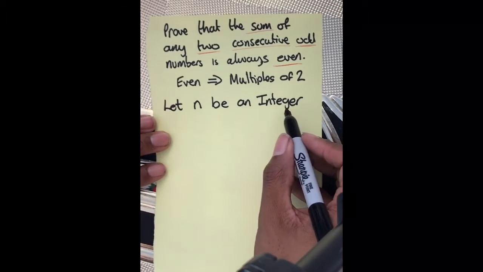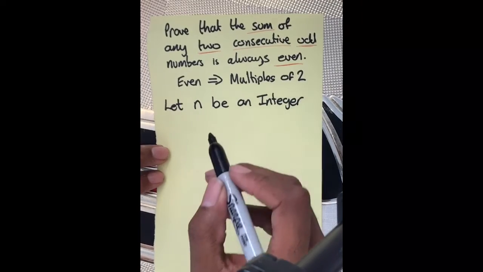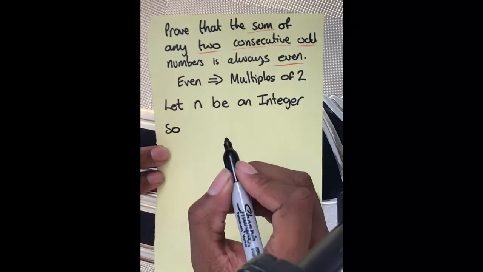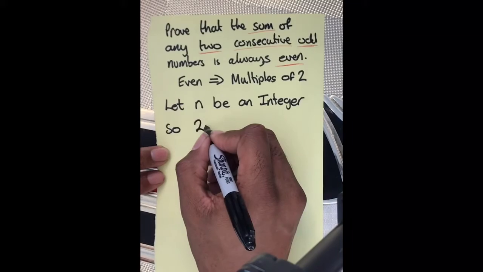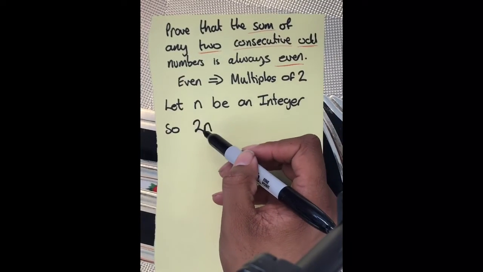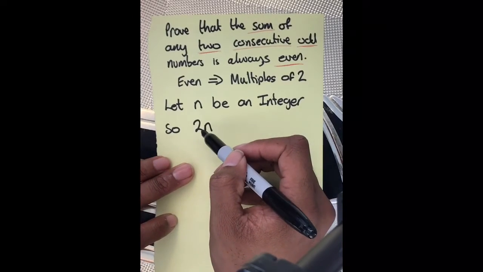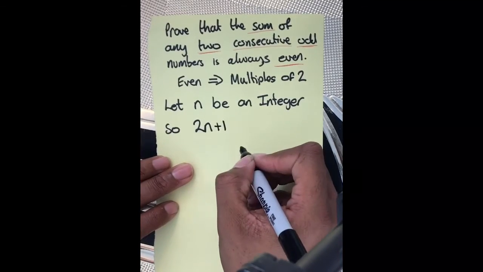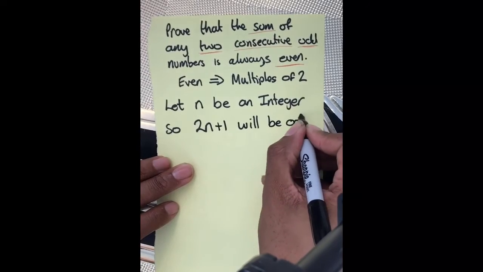And the reason why I'm using that is because I can change this now into a definite odd number. First of all, though, to change it into an odd number, I first need to change it into an even number by multiplying it by 2. Anything multiplied by 2 is an even number. So n multiplied by 2 will be an even number. Now I know that the number after this one, plus 1, will have to be odd.